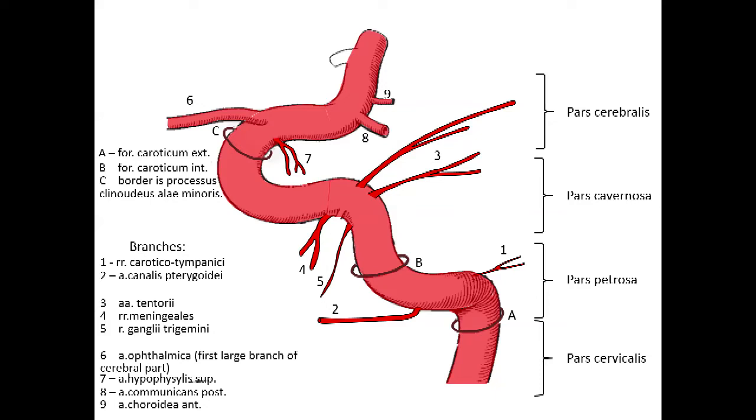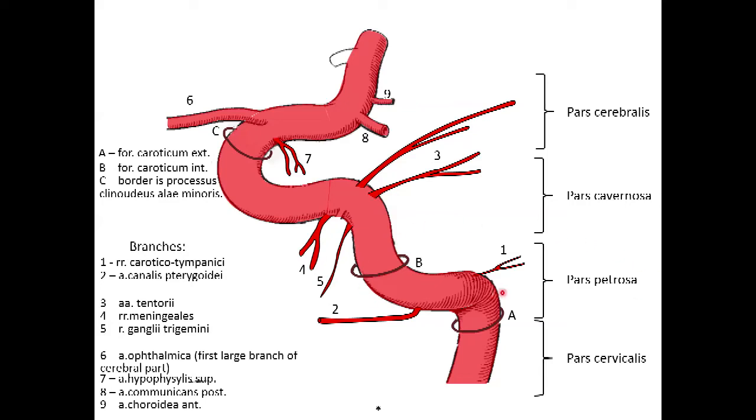So practically we finished this scheme, and now let's try to summarize the most important principles. First of all, the cervical part has no vessels.